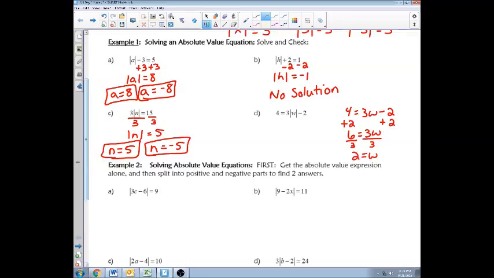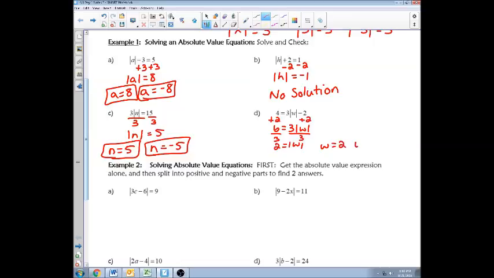I'm going to do the exact same thing in this case, treating it just like there isn't an absolute value there. I just want to keep the absolute value going with it, so I'll add 2 to both sides. That'll give me 6 is equal to 3 times the absolute value of w. Divide that by 3. 2 equals the absolute value of w. Well, if 2 equals the absolute value of w, then w would equal positive 2, and w would equal negative 2.